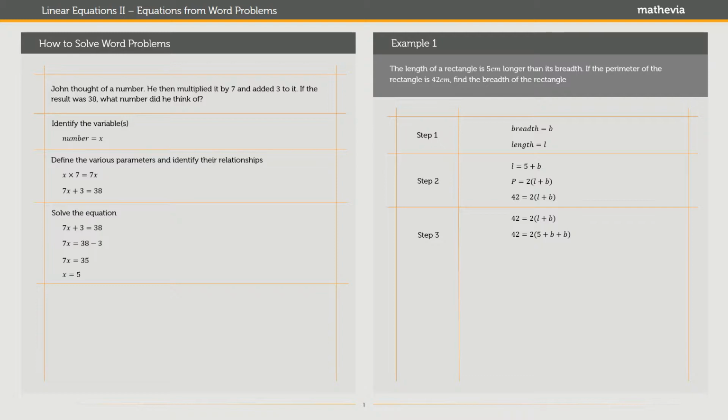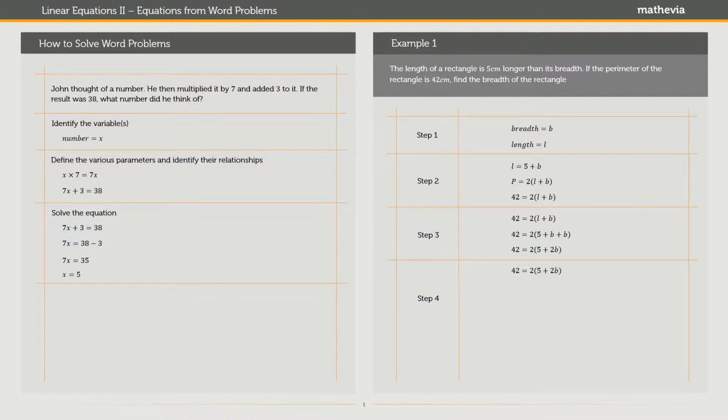We can bring in 5 plus b for length, and what we have in the end is 42 equals 2 multiplying 5 plus b, i.e. our length, plus b. And then when we work that, we end up with 42 equals 2 multiplying 5 plus 2b, and then we can go ahead and solve that equation.